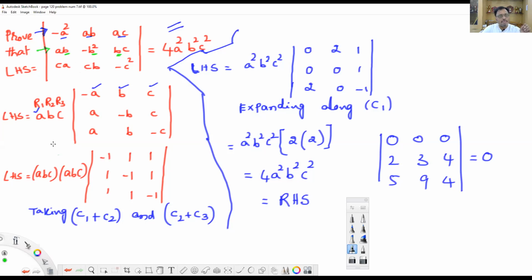I have taken B common, that is A, minus B and C in the second row. In the third row, I am marking it in black color, C is a common factor. So I have taken C common, therefore it will become A, B, minus C.